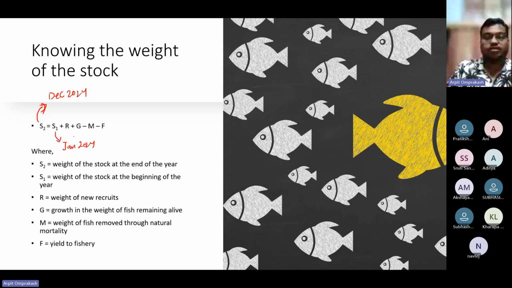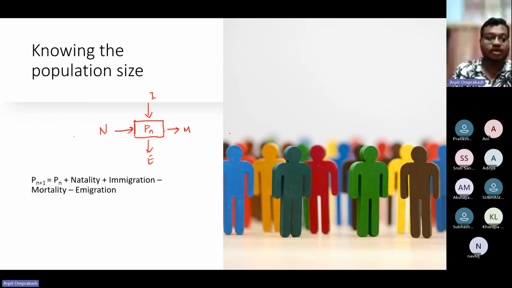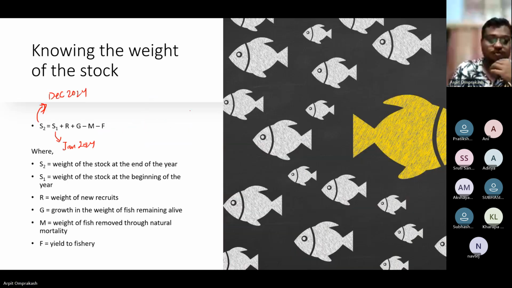Then we have these four things, again like we had before, though they are slightly different. We have R, which is basically the weight of the new recruits, or the increase in weight that is coming due to birth of new animals. We have G, which is the growth of the weight of the fish alive.